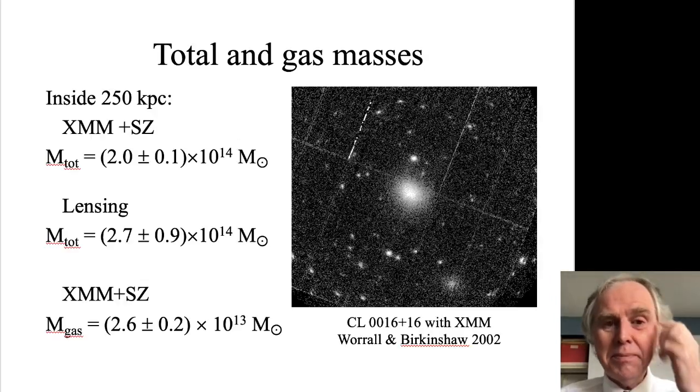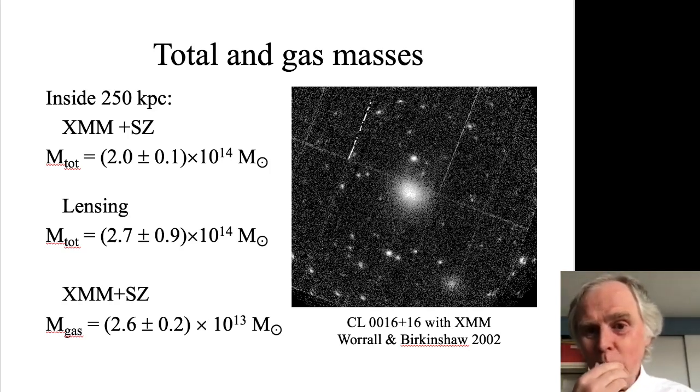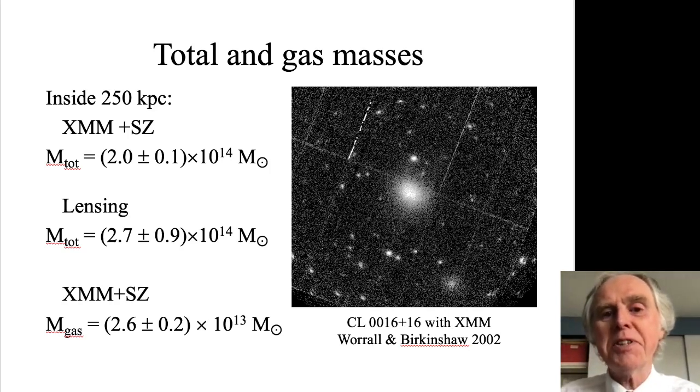Now, so far, this sort of thing's only been done more or less on an integrated basis. Here's an attempt we did in 2002, looking at the cluster O 16 plus 16. What we have on the right is an X-ray image taken with XMM.